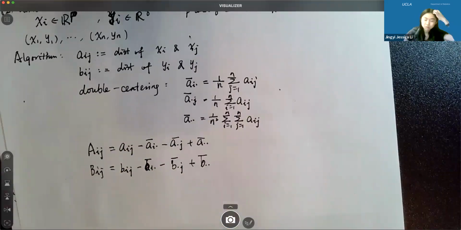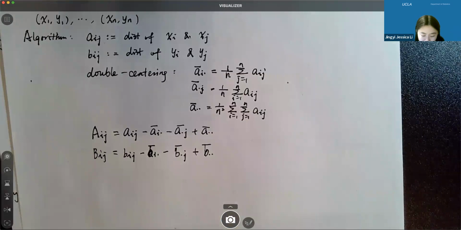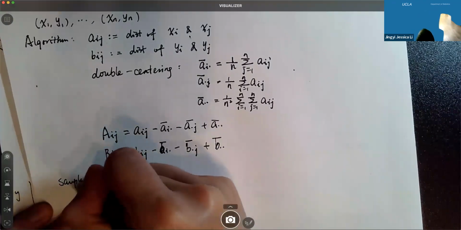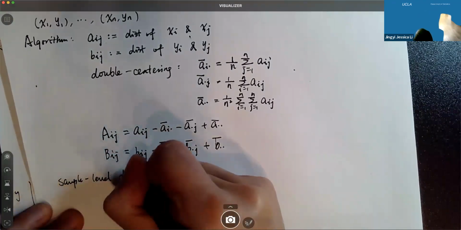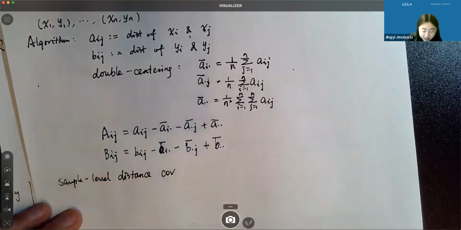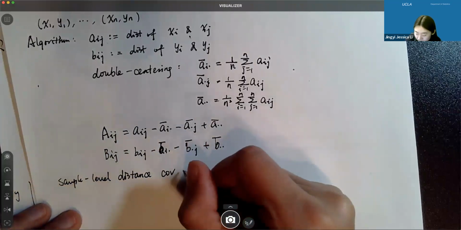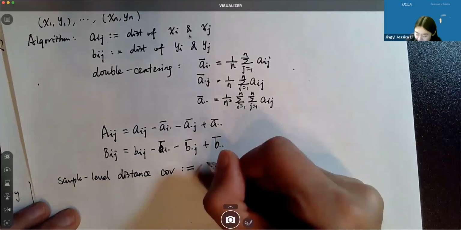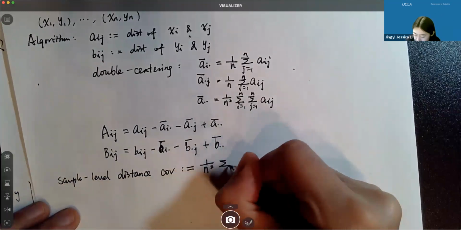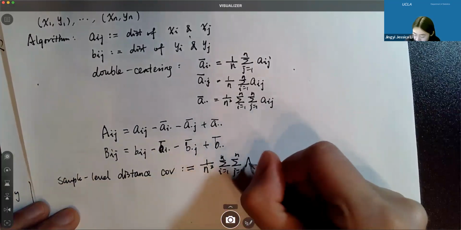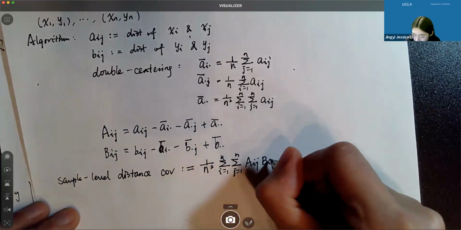With the double centering, we're there. Then they define the sample level distance covariance simply as the average of Aij times Bij.